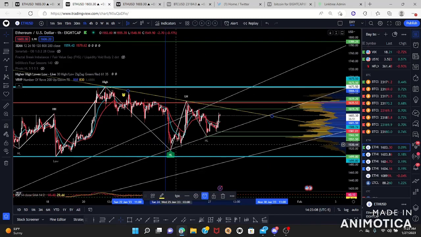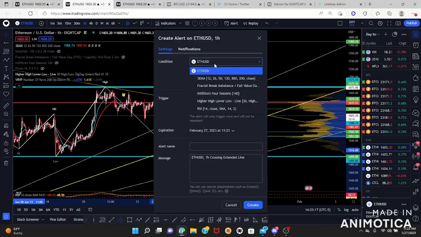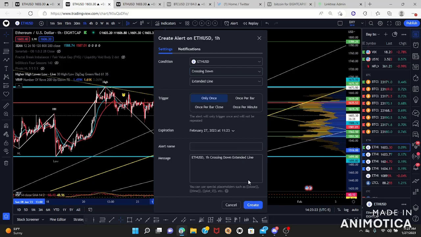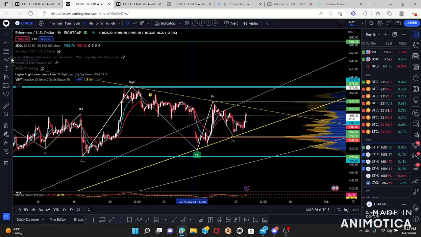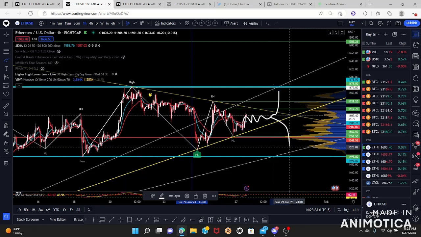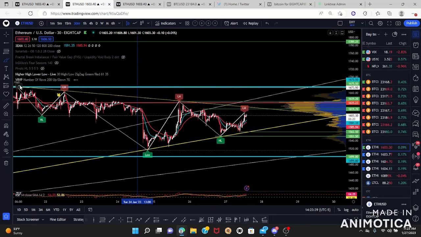And set your alarms at its support here, crossing down. Right? Patience is key, because it could still continue to play with us for the weekend. It is Friday within this range and then break to the upside or break to the downside. So be prepared, set your alarms, and just play the game.